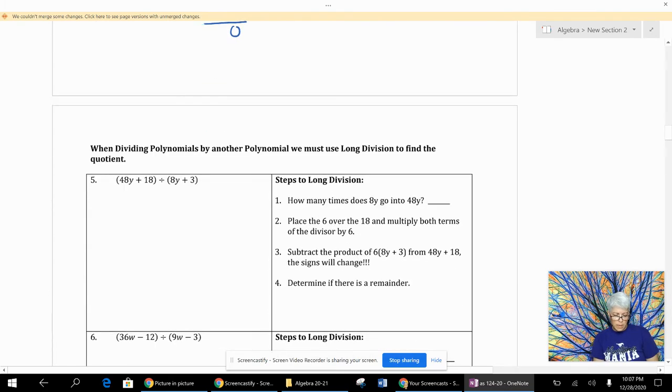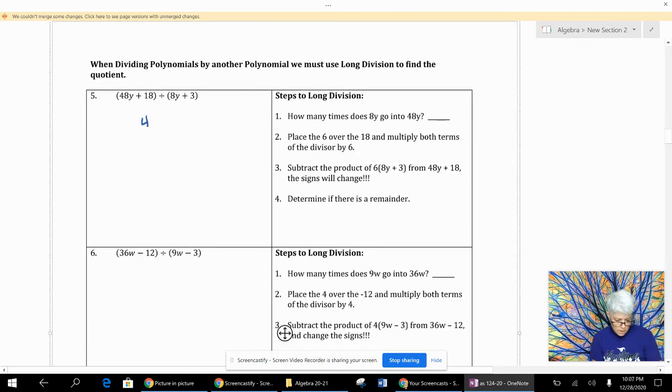Okay, so again, I'm going to put the 48y plus 18, and then I'm going to put the divisor on the outside. So the important thing to remember is you just look at the leading term.